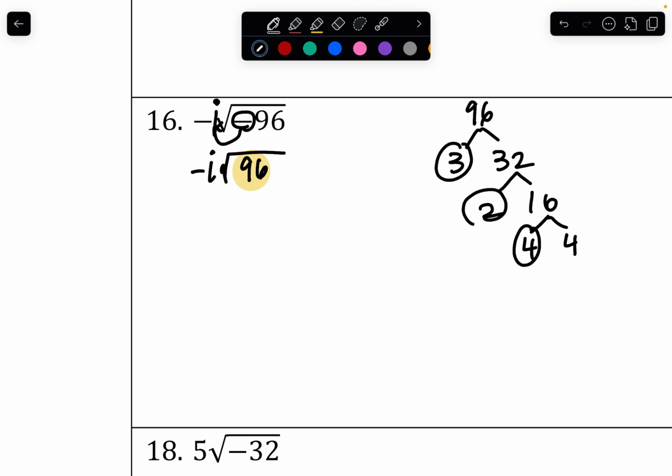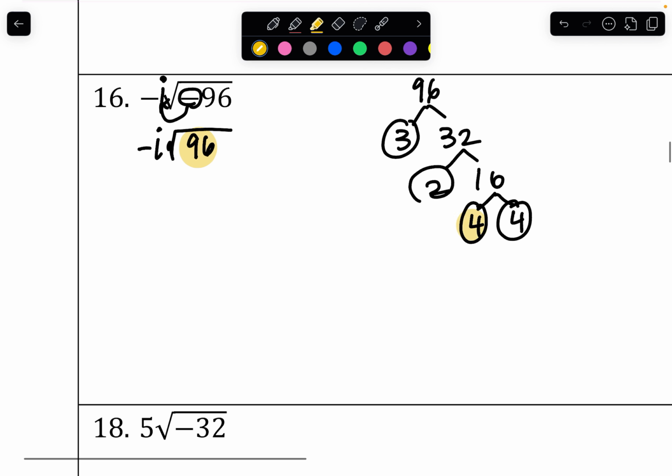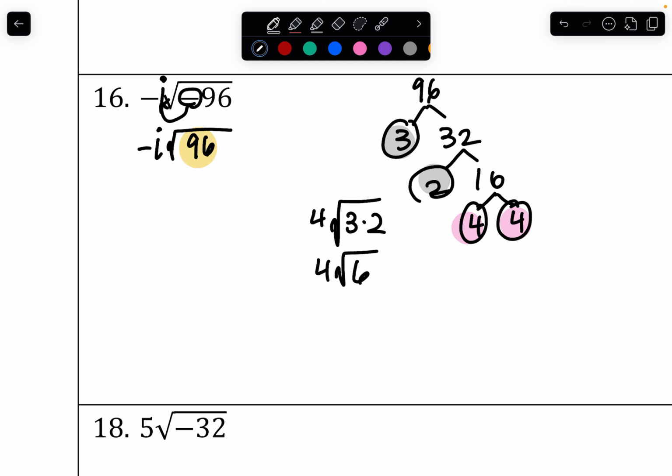And so sometimes when I see a pair, I stop. Okay, and so I have a pair of 4s. So 4 is going to be written outside. And then a 3 and a 2 are going to be written inside. And so that would be 4 square roots of 6, but we still have this negative I here.